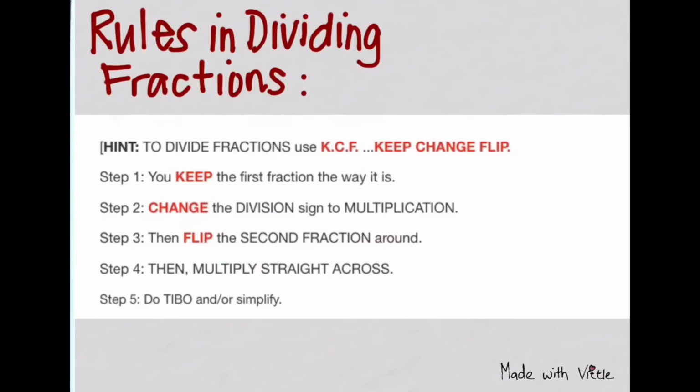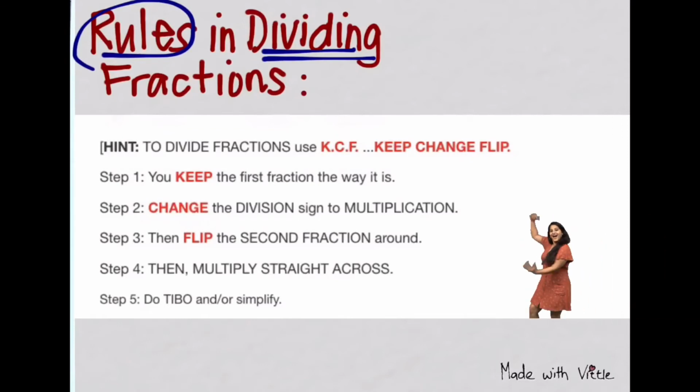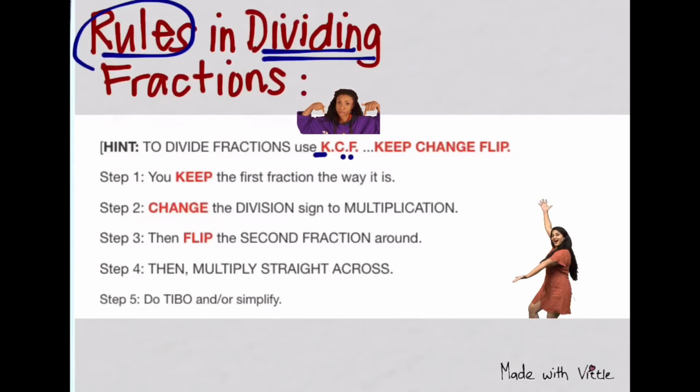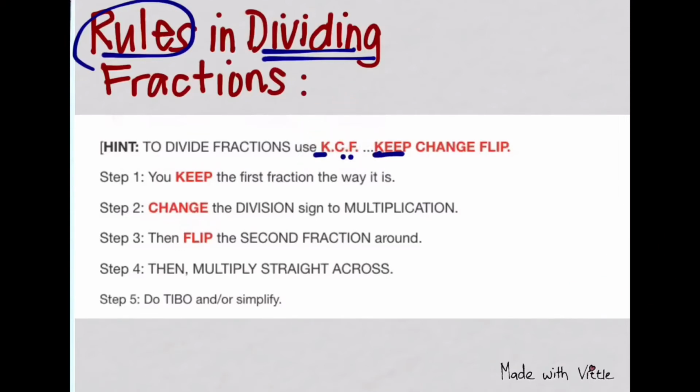Now let's move on to dividing fractions. But what are the rules in dividing fractions? We use KCF, okay? So what do we mean by KCF? You keep the first number the way it is, then you change the division sign to multiplication, and then you flip the next number around.